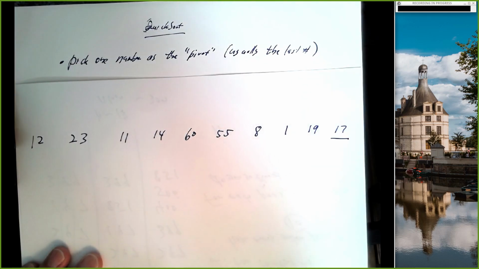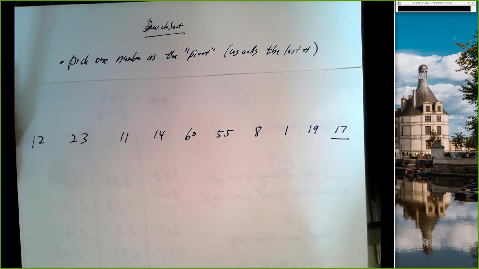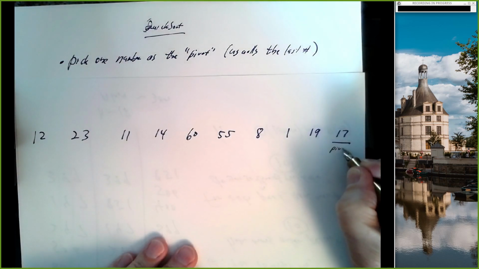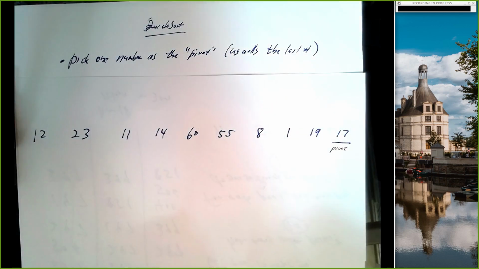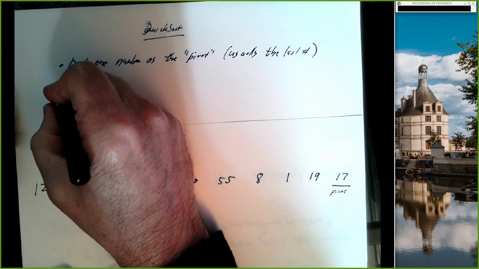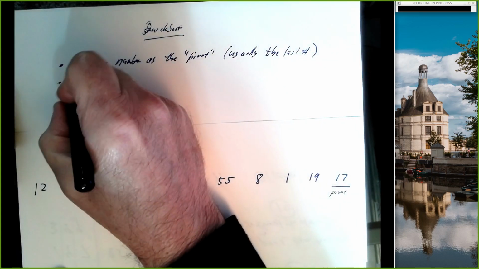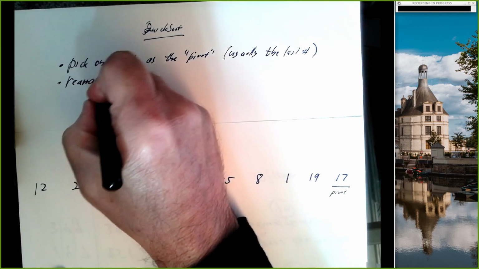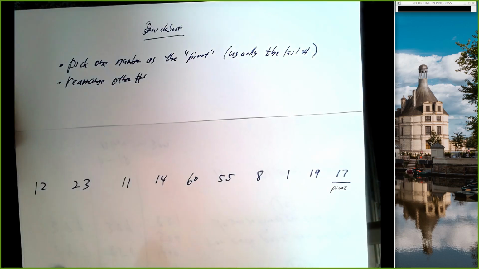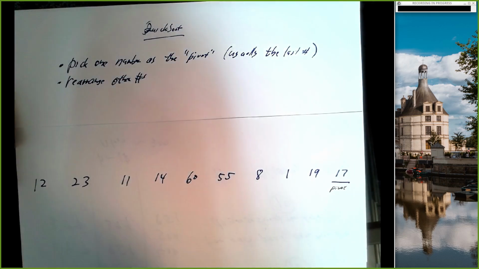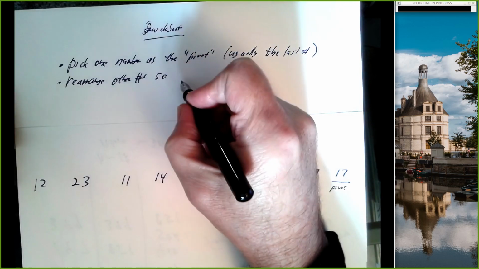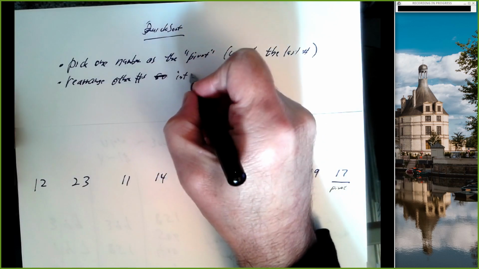I'm going to underline it and label it. This is our pivot. And then our goal is to rearrange the other numbers into two pieces.